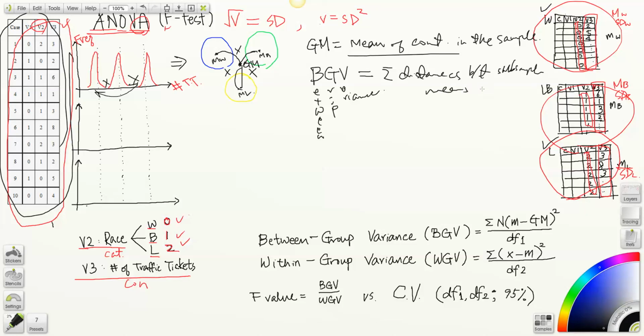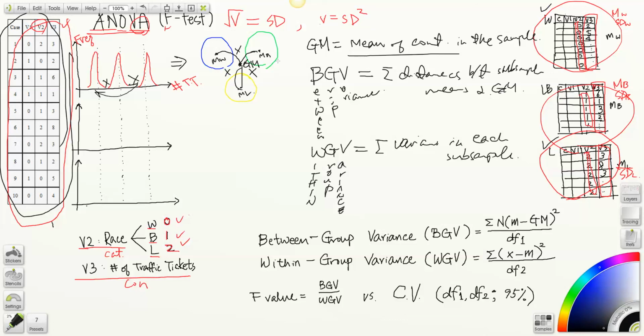And another and last concept that you need to understand is within group variance. I hope you understand this concept by just listening to the terms. But this is the totality of variance in each subsample. So in each subsample, there are cases all around the center.